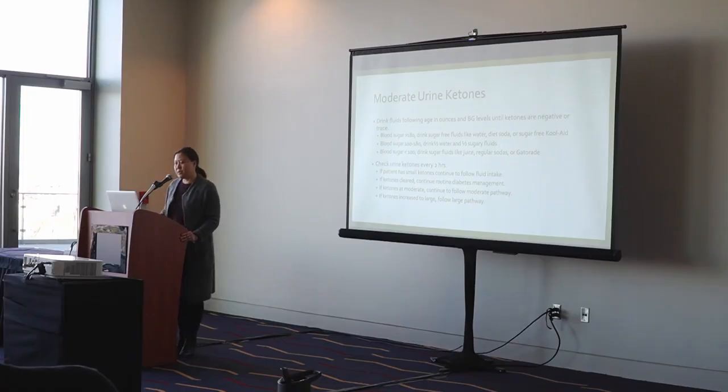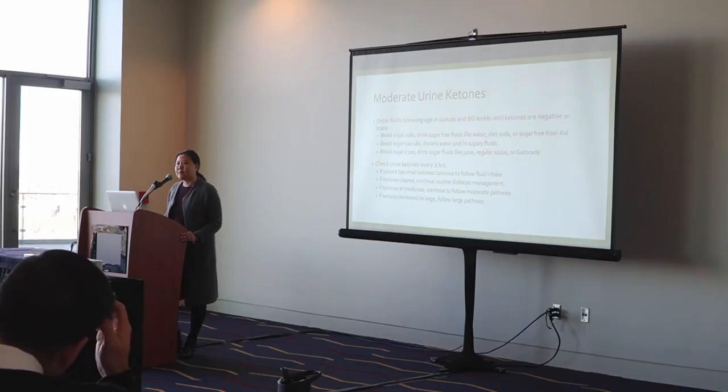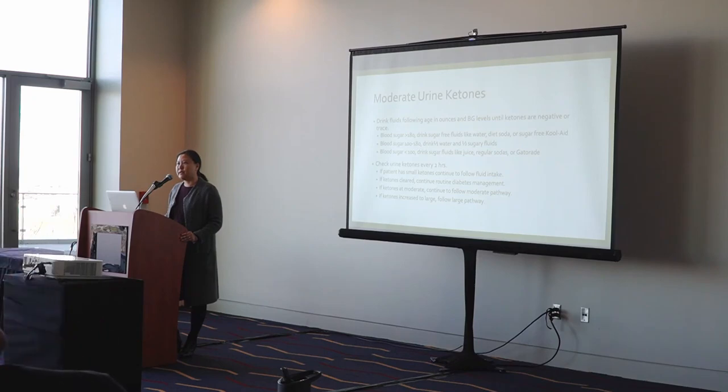So if your blood sugar is over 180, you should drink sugar-free. At 100 to 180, half and half. Less than 100, full strength sugary drinks, so that we can get their blood sugar up to give them extra insulin. Continue to follow your ketones every 2 hours.